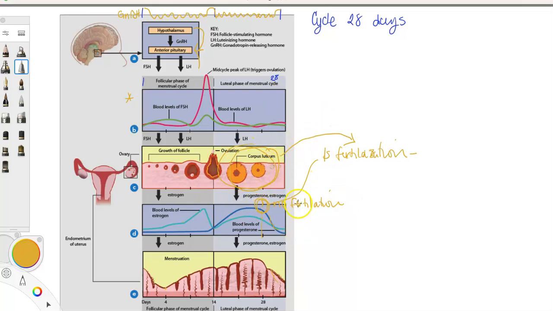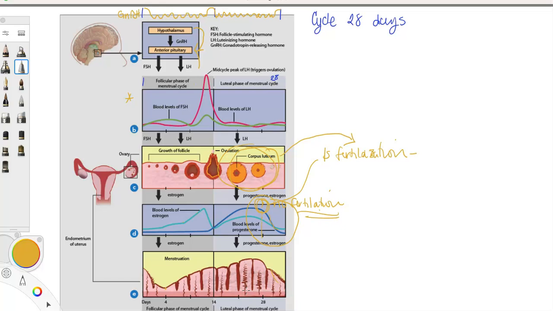Okay, so it all depends on whether or not fertilization occurs. Normally, it won't occur. I mean, for most people, you get fertilization 2-3 times, and that's it. All right, so the rest of the time, this is what's happening. There's no fertilization, progesterone and estrogen decline rapidly, and then we have menses, or a menstrual period.